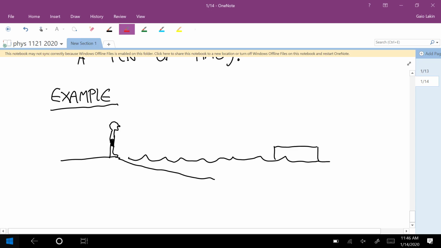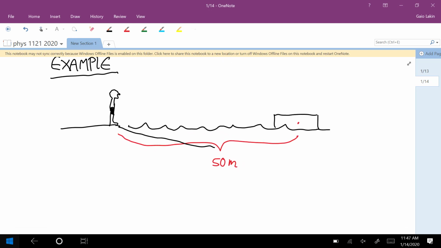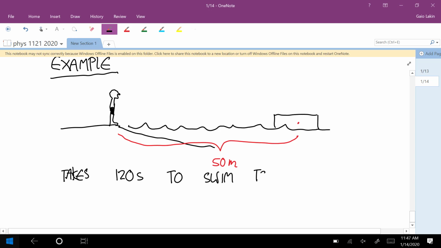And let's say the distance between them is 50 meters. And let's say it takes, how long does it take to swim 50 meters, 2 minutes? Let's say it takes 120 seconds to swim to the raft.